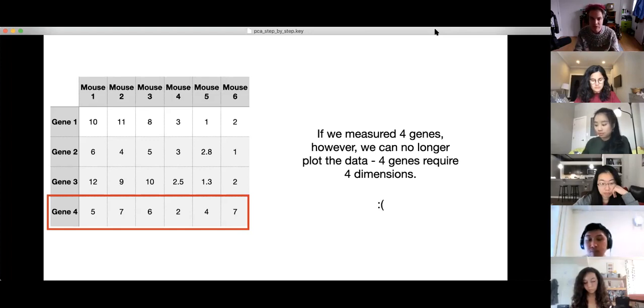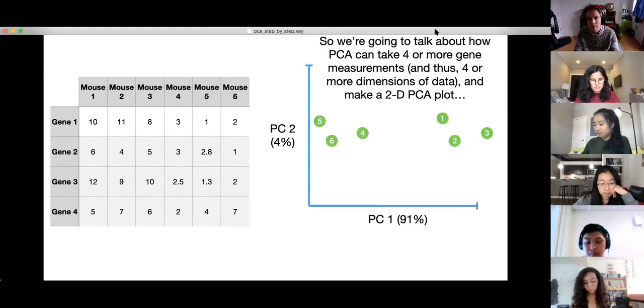But the reality is, if we have lots of dimensions, and oftentimes with genomics data sets, we've got 20,000 dimensions. We might have measured every single gene in the mouse, and that would give us a 20,000 dimensional plot. So at some point, we're going to reach a threshold where we can no longer draw it.